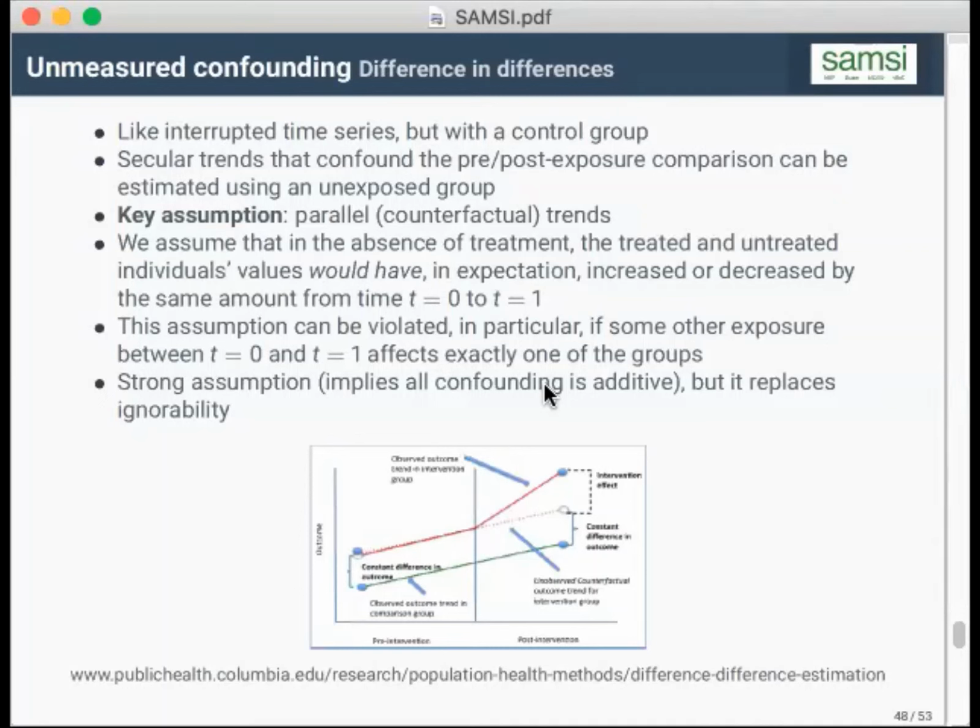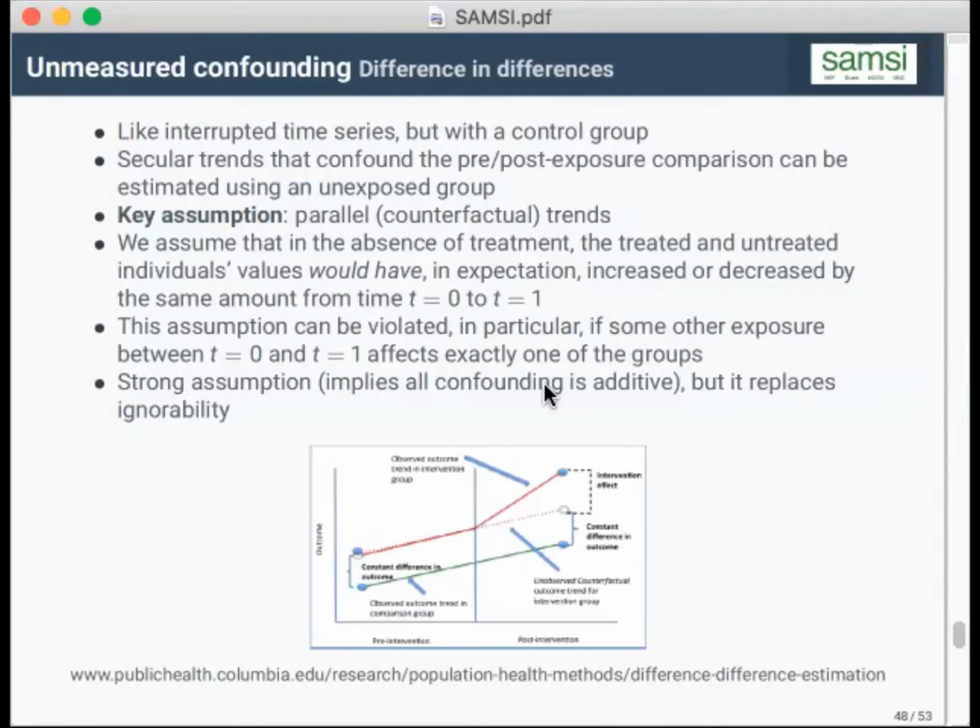Difference in differences approaches are very similar to interrupted time series, but with the addition of a control group. The control group never sees that sudden implementation of the intervention and can be used to estimate secular trends that could confound the pre-post exposure comparison using just an interrupted time series approach.